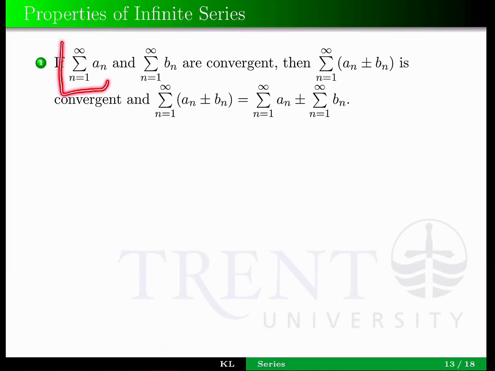So you got two series here, sum of an, sum of bn. If they are both convergent, then you can form the sum of an plus bn. And the actual sum here is just adding or subtracting the actual sums for this one and this one. Basically, it tells us that if your series are convergent, you can distribute the summation symbol.